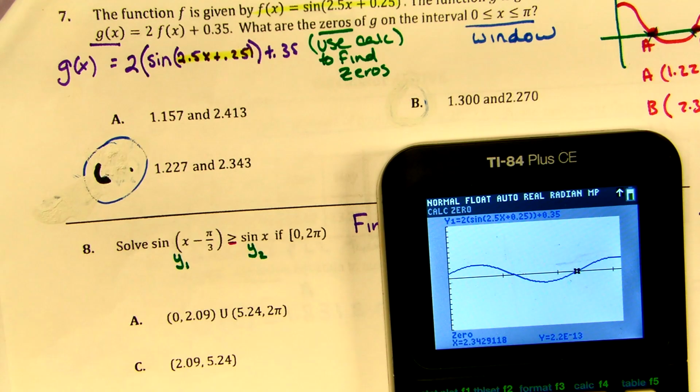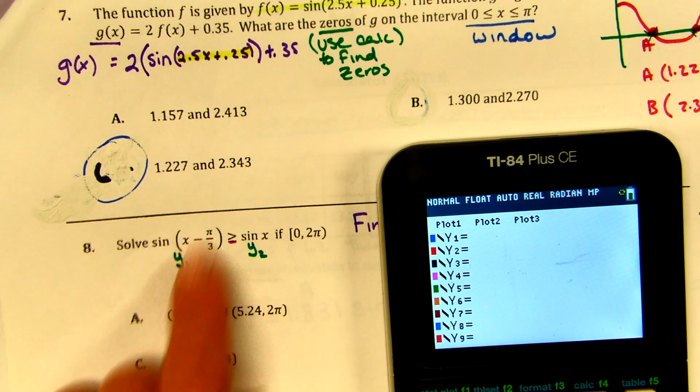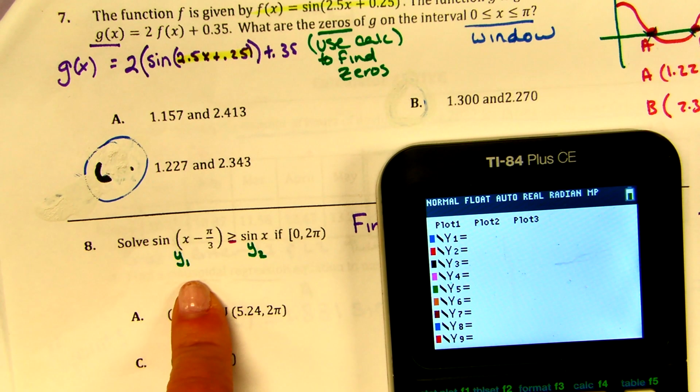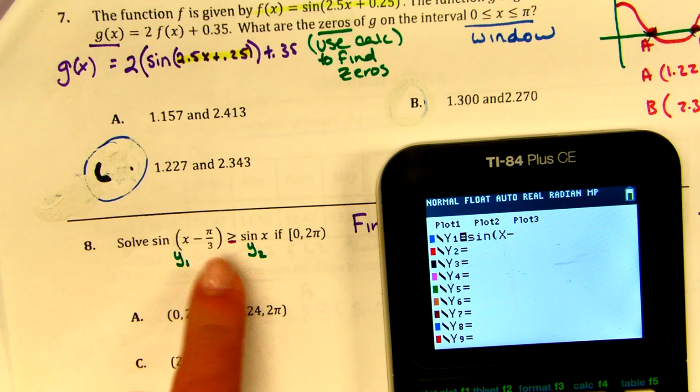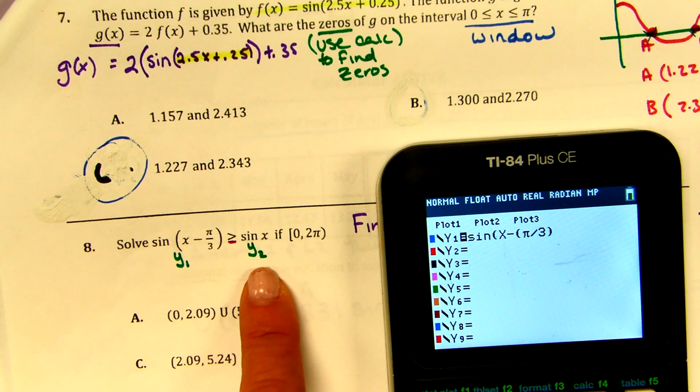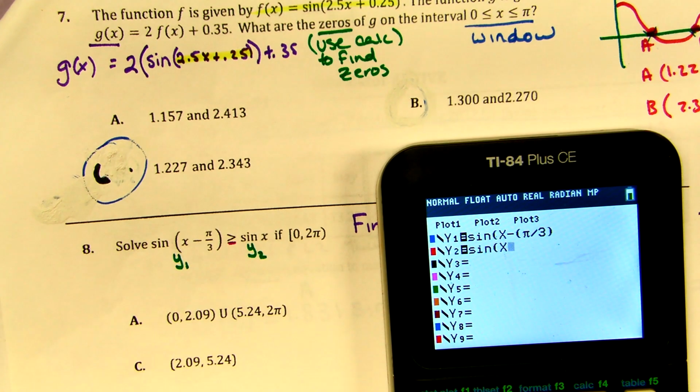Clear your RAM. Type them in. y1 is one of the sides. Pi over 3 is a fraction. I'm going to put it in parentheses. And then the other side is sine x. Just exactly what you see there.